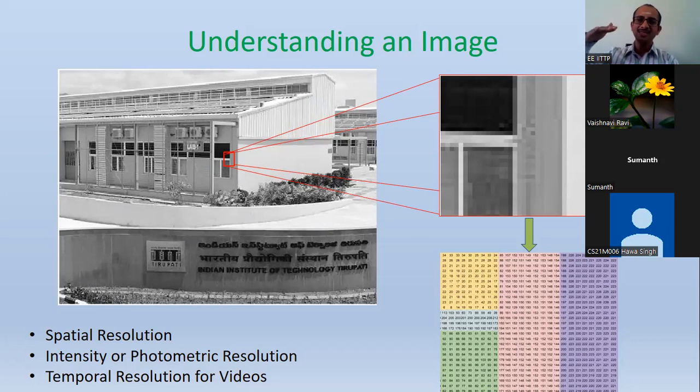So what do we mean by lower spatial resolution for a satellite image? Take a usual camera: each sensor element may look at a small region, say 1 mm cross 1 mm, and put a value there. Whereas with satellite images, from satellites or UAVs, they can't look at 1 mm cross 1 mm.